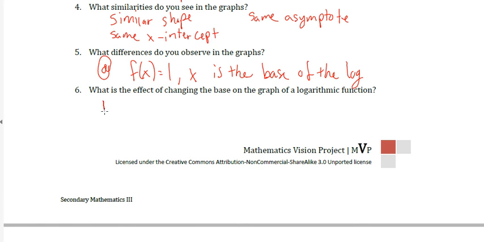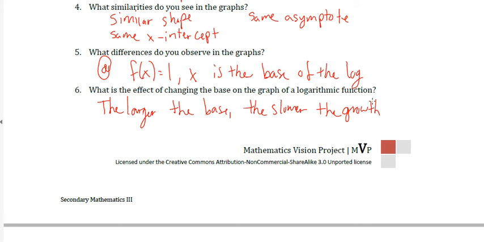So the larger the base, the slower the growth. And we talked about this very briefly in the 2-1 task right there at the very end, where I gave some examples using log base 2 and log base 3.